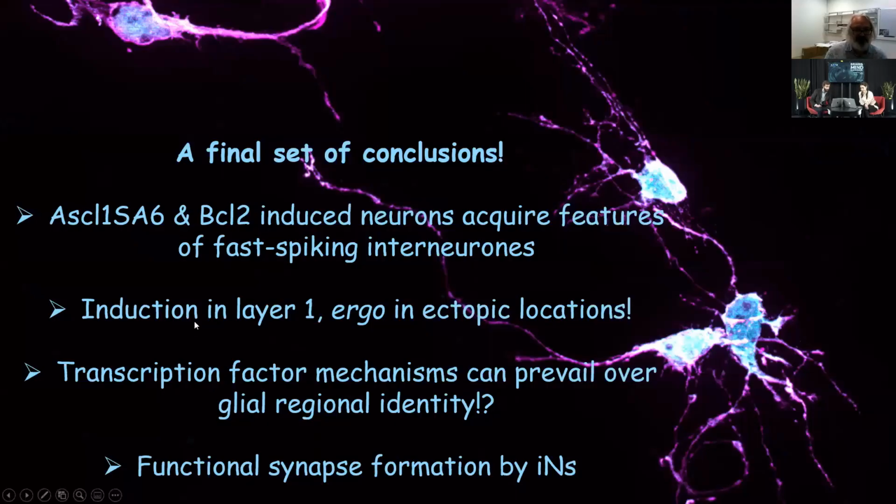Okay, so a final set of conclusions. Again, it's interesting to observe that using different mutants of ASCL1 can have different outcomes on the electrophysiological properties. And what we found really remarkable is that when we use the serine deficient variant of ASCL1, we obtain quite a few cells that express electrophysiological features of fast spiking interneurons.